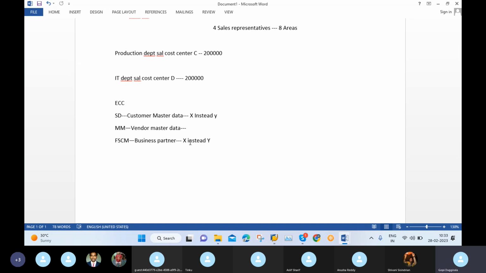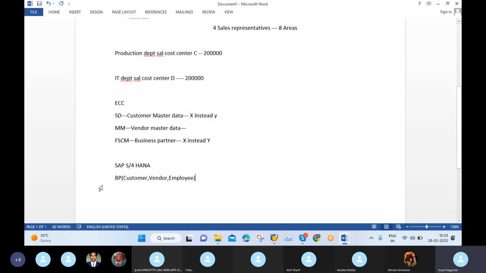So to close all these reconciliation issues, SAP comes with one beautiful solution in SAP S4HANA. That is, business partner you can maintain centrally. Within this business partner only you can maintain customer master data, vendor master data, or employee master data, or whatever it is.